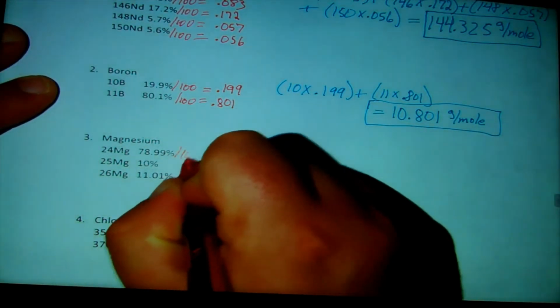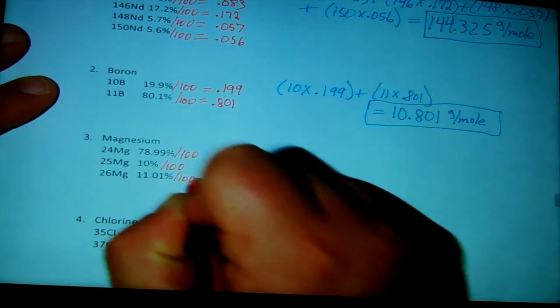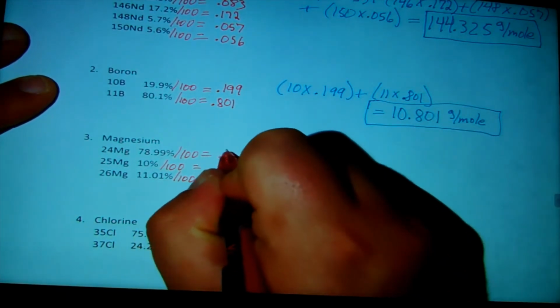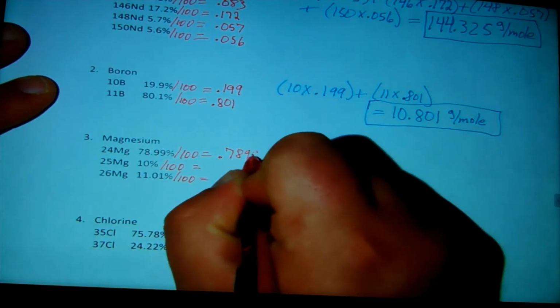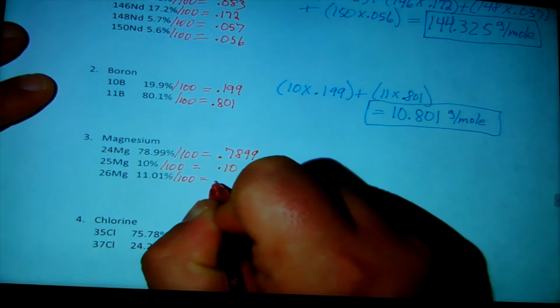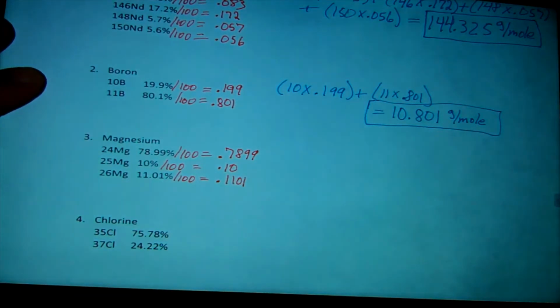Divide the percentages by 100. Once you do that, you get 0.7899. We get 0.10 and 0.1101. Do what we've been doing. Just keep rolling with it.